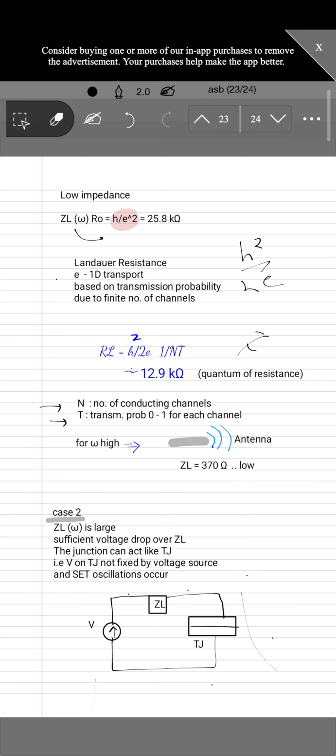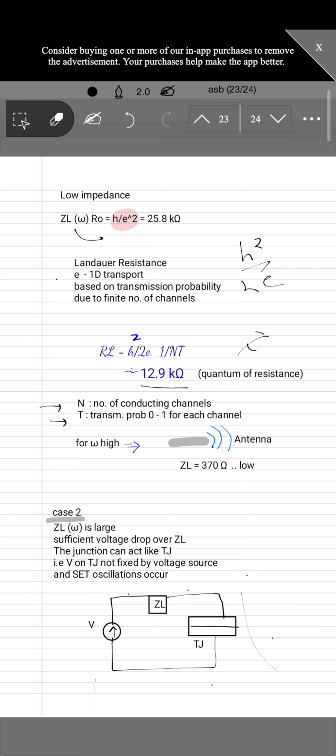This is called the quantum of resistance, and its value is 12.9 kilo ohms if we consider n equal to 1, which is the number of conducting channels. If the number of conducting channels increases, the resistance automatically gets halved. So the finite number of conducting channels imposes resistance to this electron flow.